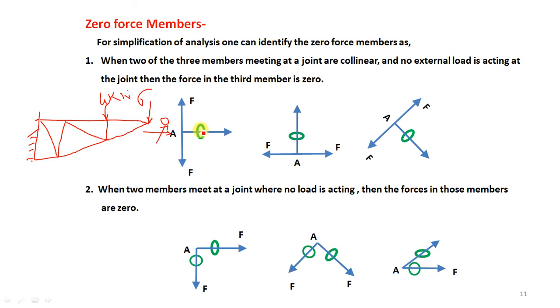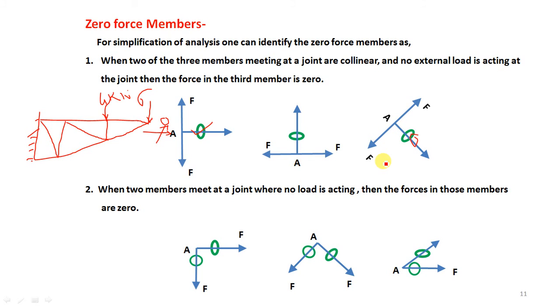In that case this third member becomes your zero force member. Like this also, these two are collinear and this third member is a zero force member when there is no external load at this particular joint. Like this also, there are no external loads, so this member is your zero force member.